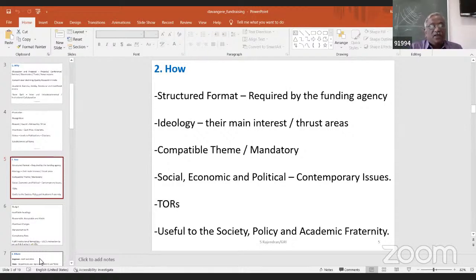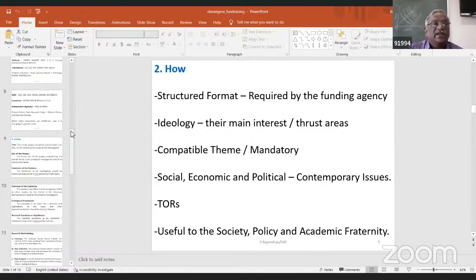And also your project output, the report, the theoretical output, the empirical output, the contemporary output, either in the form of report or publication, it should be useful to the larger society, the policy makers, and also the academic fraternity for taking up new and higher studies in the domain of your interest.